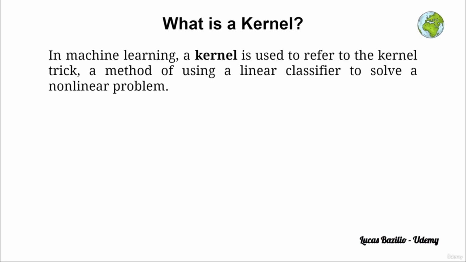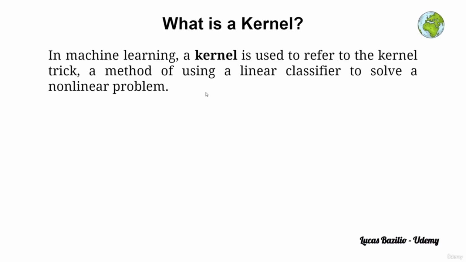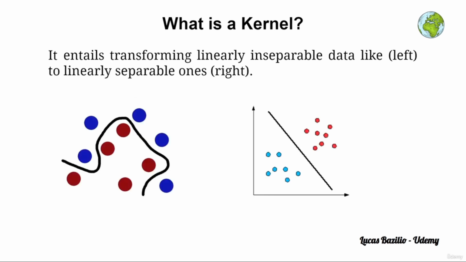Now, what is a kernel in machine learning? Well, the word kernel is used to refer to the kernel trick. This is a method of using a linear classifier to solve a non-linear problem. Hence, it entails transforming linearly inseparable data, like this one on the left, to linearly separable data, as this one on the right.